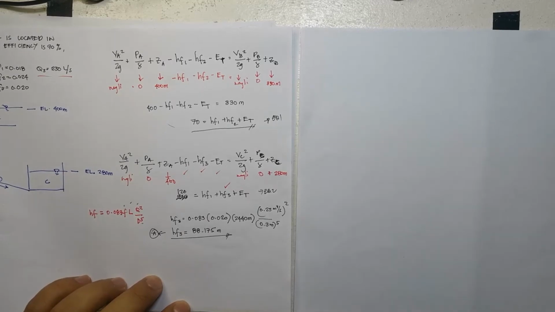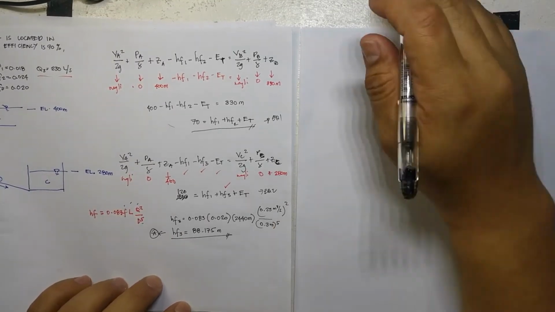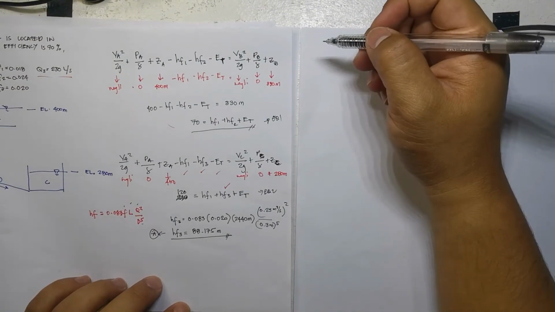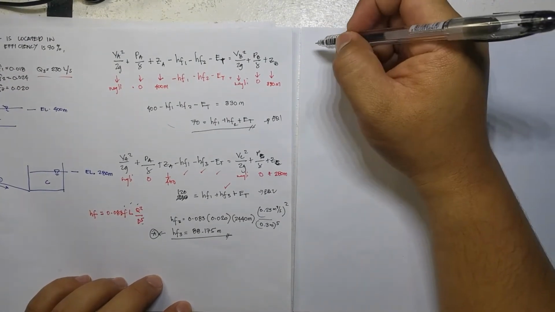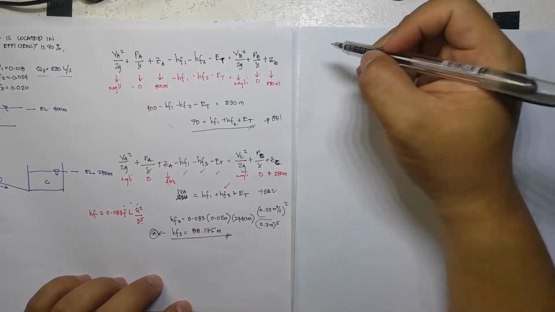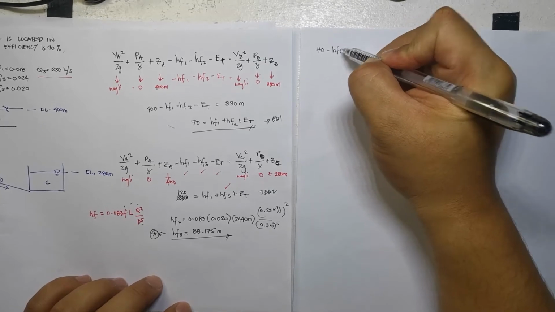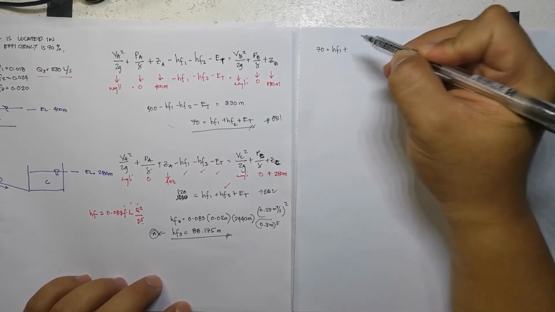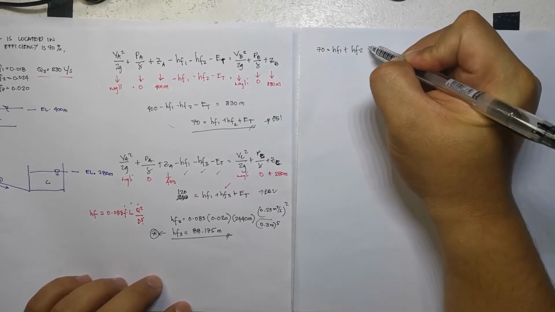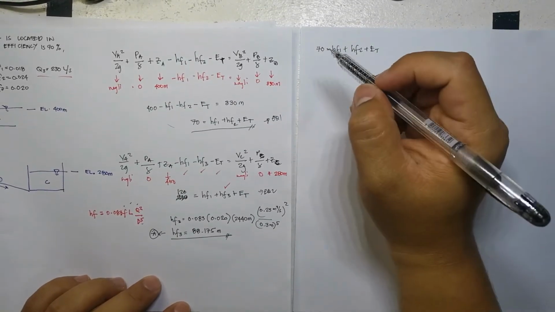Then, ano pang masasolve natin? Parang wala na, di ba? So, pero pwede natin gamitin itong diskarte na to. Tinuro to sa algebra naman sa inyo siguro. So, kunin natin sa equation 1 tsaka sa equation 2. That will be 70 minus HF1 is equal to HF1 plus HF2 plus energy input to the turbine.